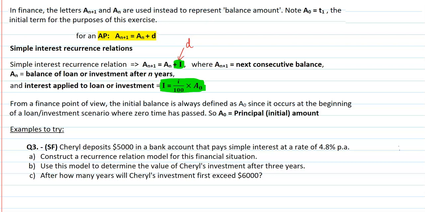Okay, so the first step is always to go through and process your information and look at the useful information they're giving you. So because she's depositing the $5,000, we know that that's going to be our initial amount, or A0. And then we'll have to work out the decimal interest rate in order to work out the amount of interest she's paying every time.